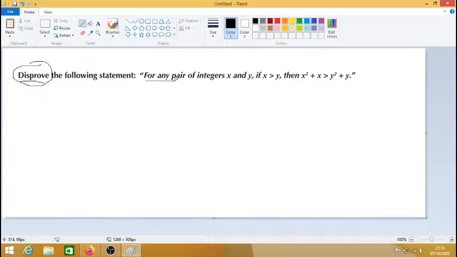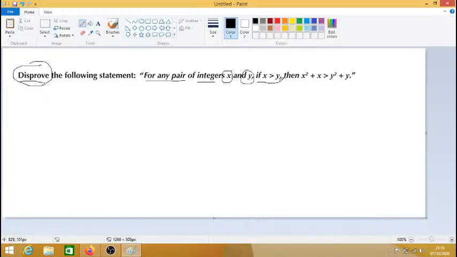For any pair of integers, x and y, integers, whole numbers, and we've got a pair of them. Now it doesn't say x and y are the same, it doesn't say they're different. When you use different letters, you're just allowing for the fact that they could be different.